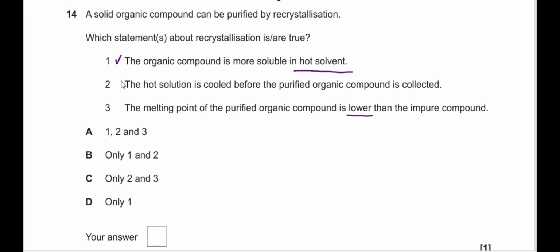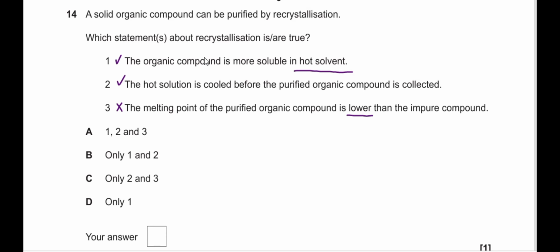The first 2 statements are true. The whole idea of recrystallization is to dissolve as much of the compound as possible in hot solvent and then retrieve the pure compound by cooling the solution. But the 3rd statement is not true. Impurities disrupt the orderly arrangement of molecules in a solid compound, and this makes it easy to break the intermolecular forces to melt it.